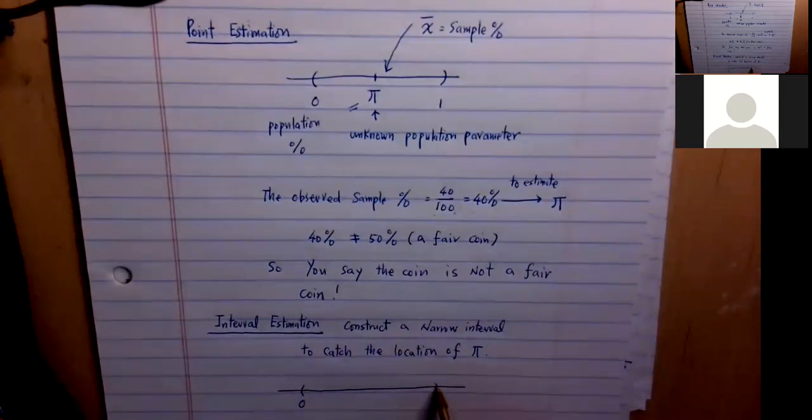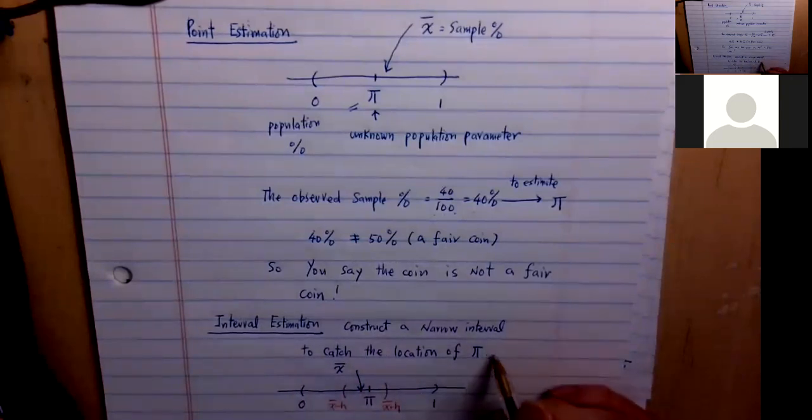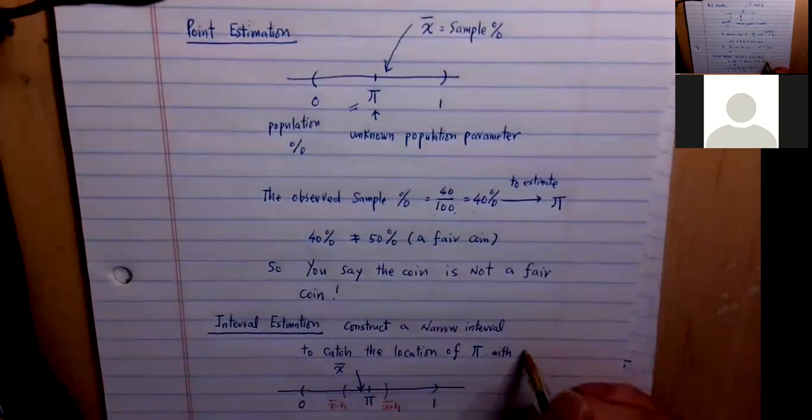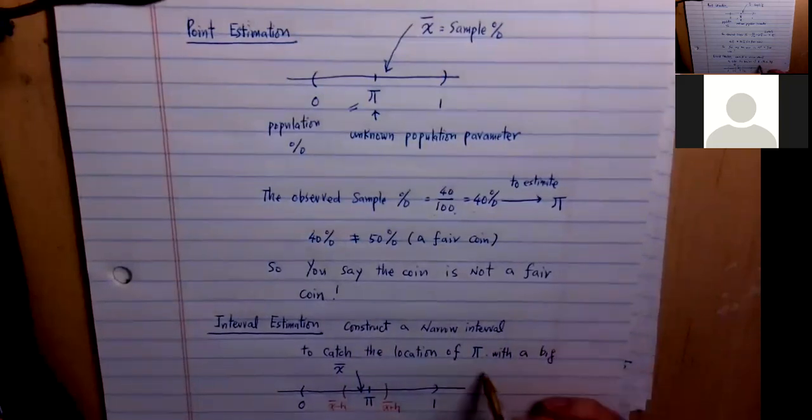Here is 0, this is 1, this is the unknown population parameter. Say this is your x bar. Based on here, you create a narrow interval. Here is x bar minus h. Here is x bar plus h. You try to construct a narrow interval to catch the location of pi with a big probability. How big is it?